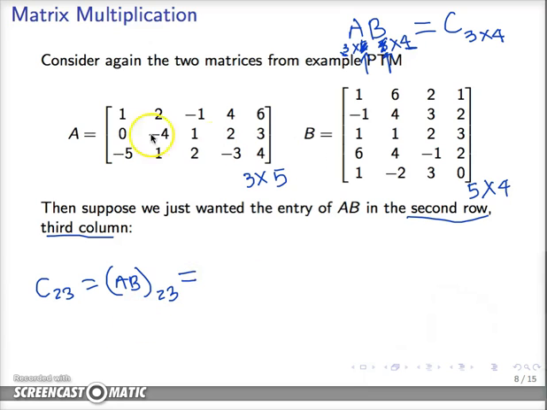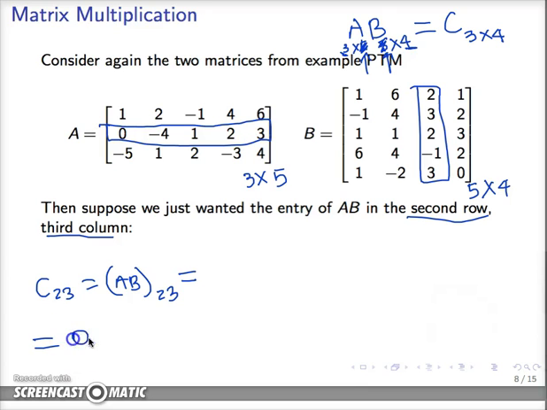That means that we would take a look at row 2 and we take a look at column 3, and we will form that sum, right? The first term in that sum would be 0 times 2. The second term would involve negative 4 and 3. The next term is going to involve 1 and 2.